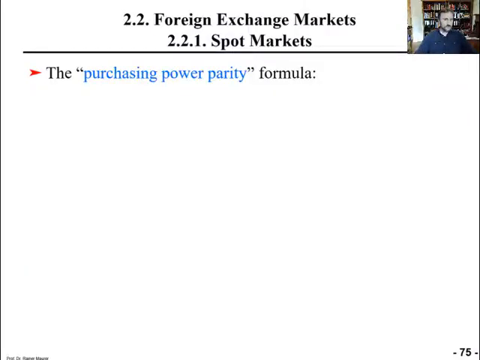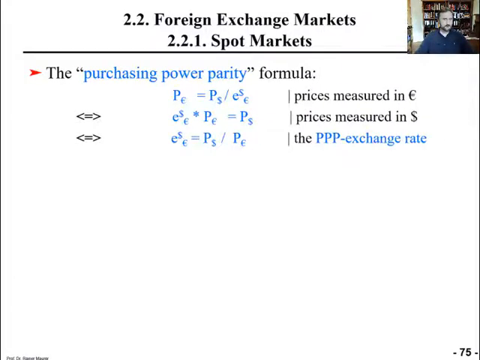We can derive from this relationship the so-called purchasing power parity formula. Here we measure the purchasing power parity formula in euro as we have done so far. In this case we have to divide the dollar price over the exchange rate.